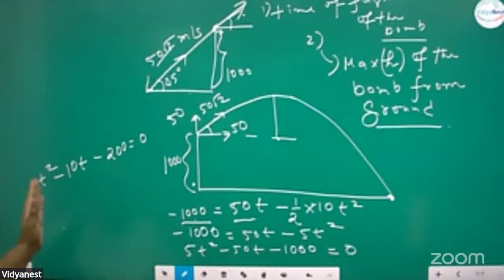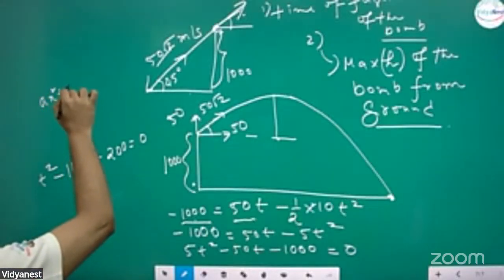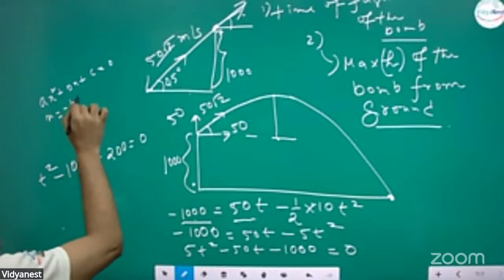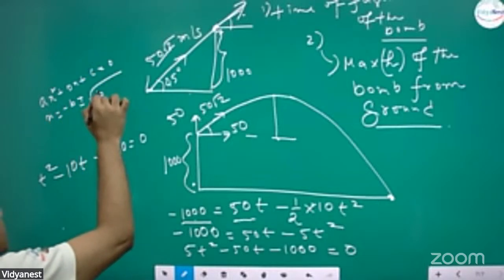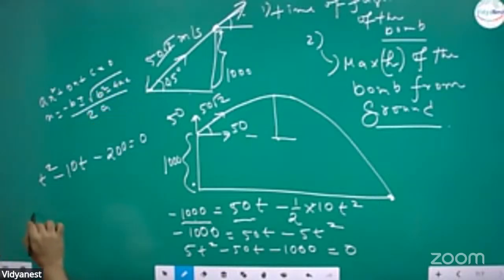Now we are not going to solve this by middle term factorization. We directly use the Shridharacharya formula. You all know, ax square plus bx plus c is equal to 0, then x is equal to minus b plus minus root over b square minus 4ac, divided by 2a, isn't it? So we are going to use this.